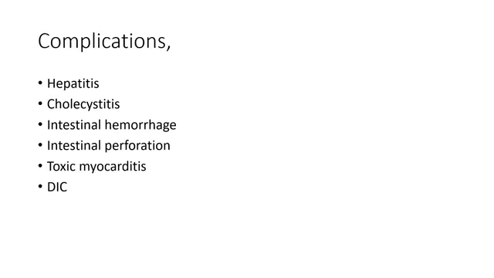So with untreated typhoid fever or improper treatment of typhoid fever, the common complications are hepatitis and cholecystitis. Less common complications are intestinal hemorrhage, intestinal perforation, toxic myocarditis, DIC, and other complications which are not mentioned here, such as CNS complications, where the patient can present with psychosis or meningitis.